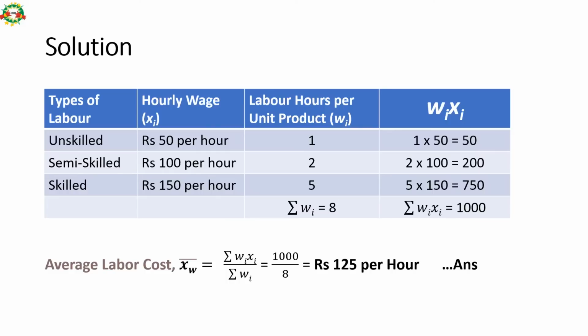So the weighted average labor cost in this case is the sum total of wixi divided by the sum of wi, which is 1000 rupees divided by 8 hours. So the answer is 125 rupees per hour.